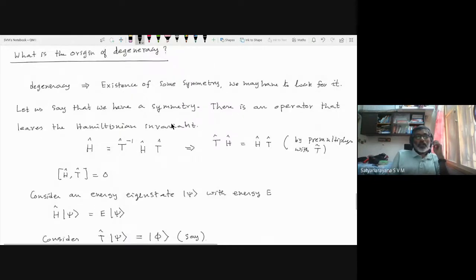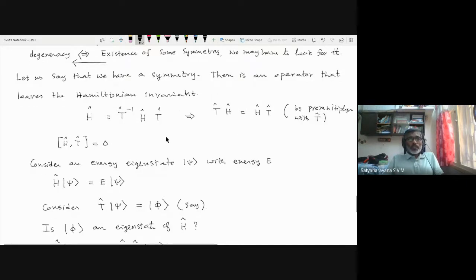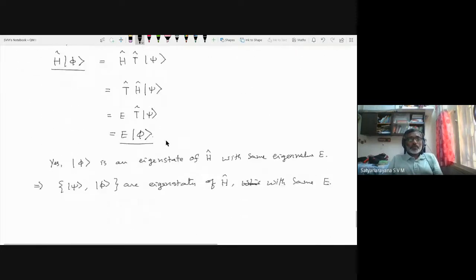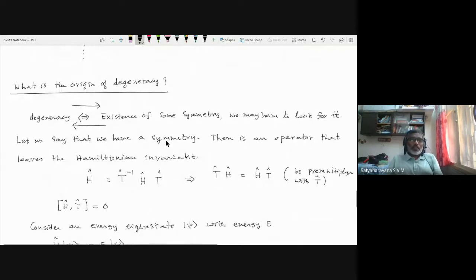Basically this is a two-way arrow, but I have only proved one direction right now. The other direction also has to be proved, but be assured that it is also something we can prove. Finding the physical symmetry sometimes may be difficult, but proving that such a symmetry exists is not very difficult. We will see that as we go along. So this is in some sense the origin of the degeneracy.